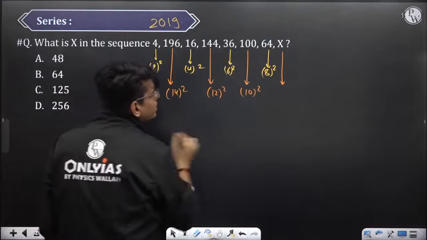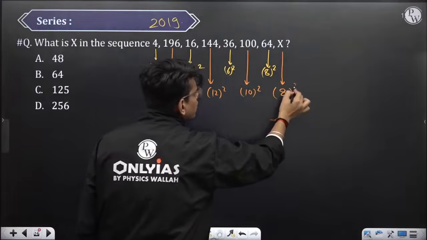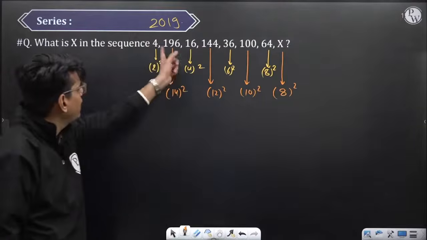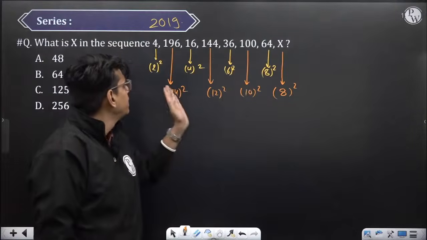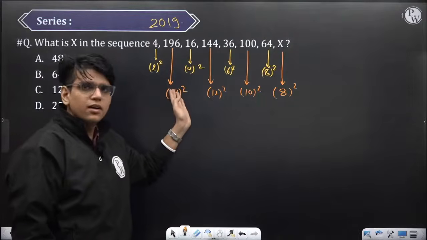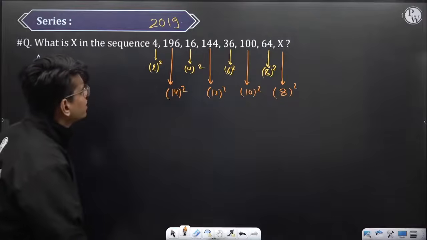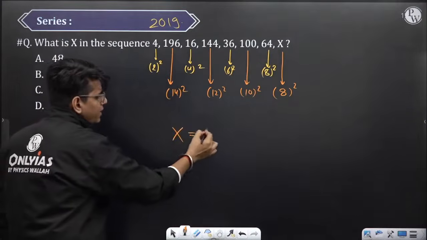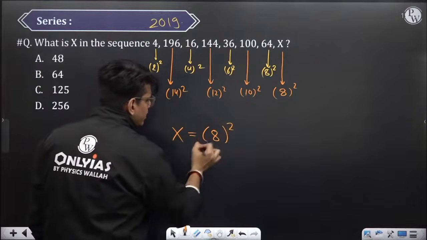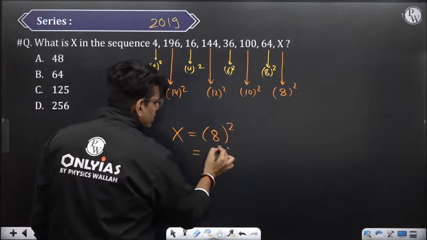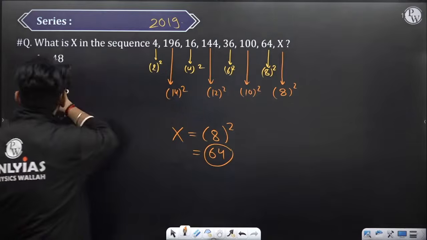So x is nothing but 8 square, because for the even terms 2, 4, 6, 8, the difference is 2 and we are taking squares. So x will be 8 square, which is 64. So the next term is 64.